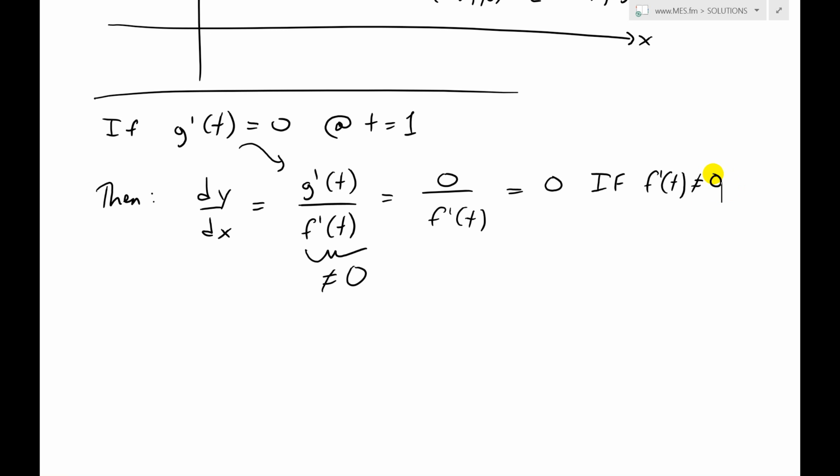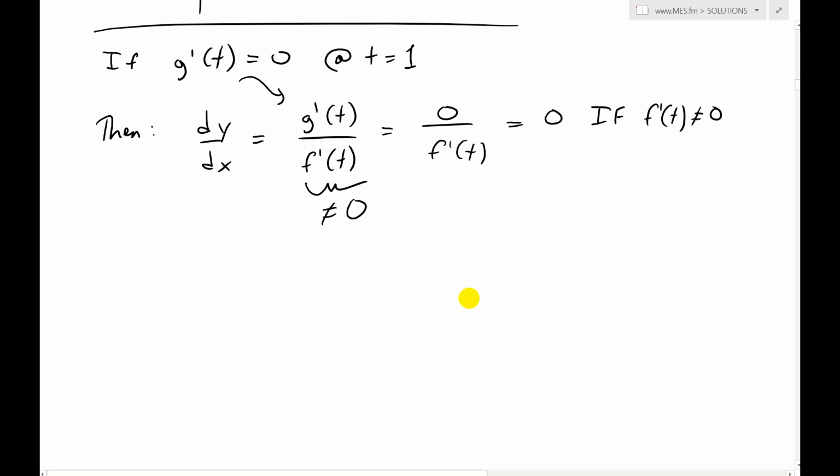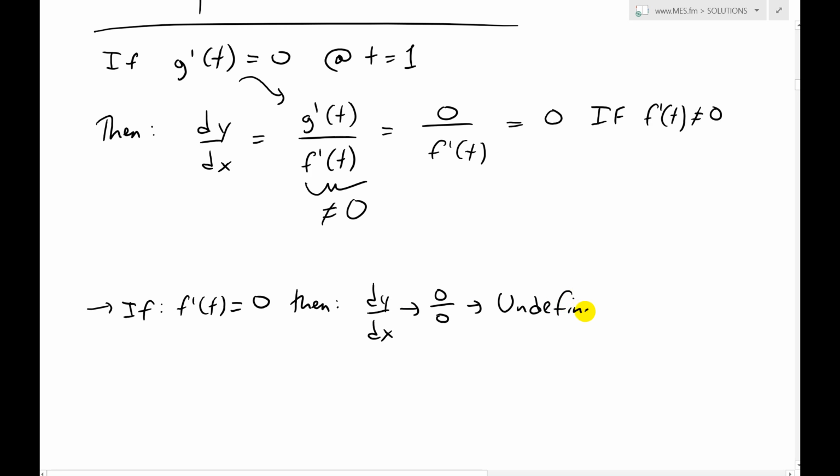And if it is equal to 0, so we can write over here, if f prime of t equals 0, then what we end up having is dy over dx equals 0 over 0, which is undefined. Let's put an arrow right here. This is undefined, so you can't have a 0 over 0.